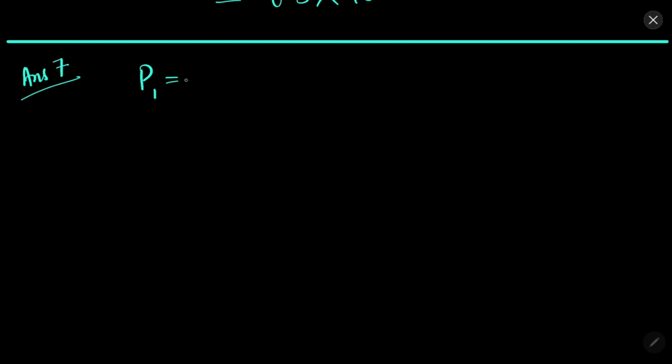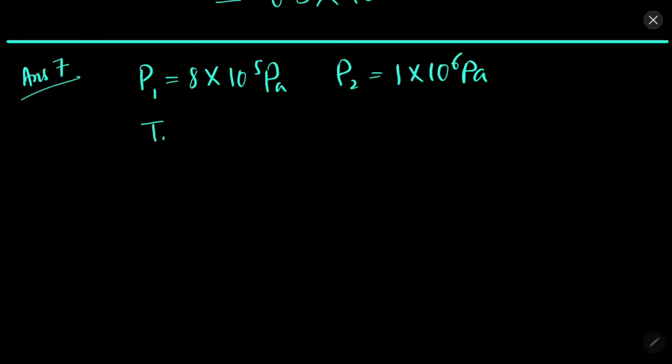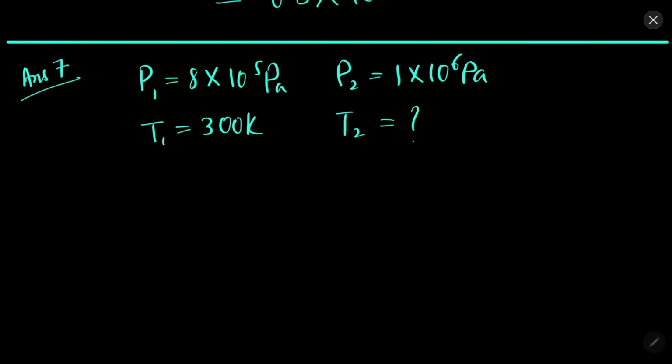So P1 is given, P2 is also given, T1 is given, and T2 we need to find. P1 V1 over T1 equal to P2 V2 over T2.